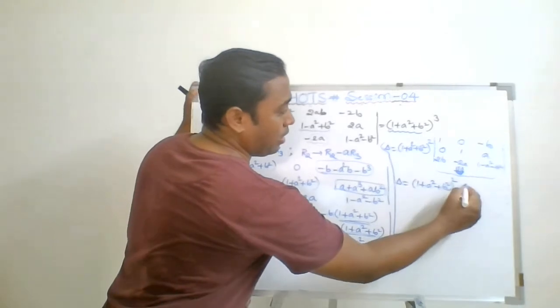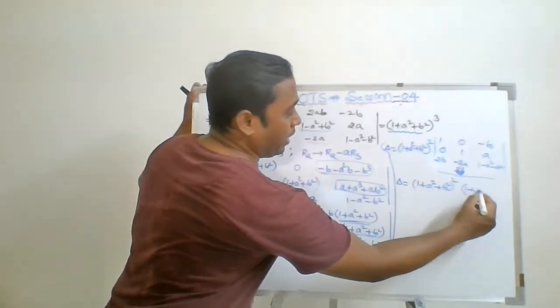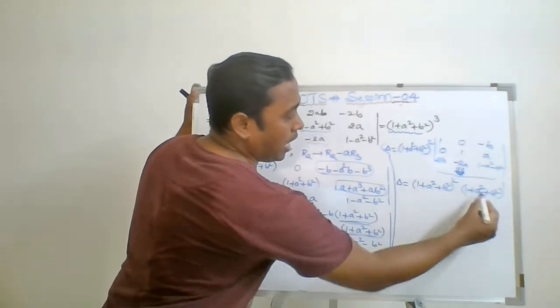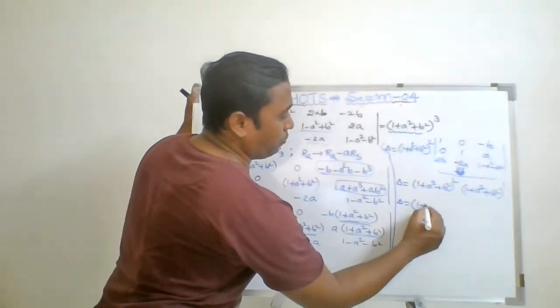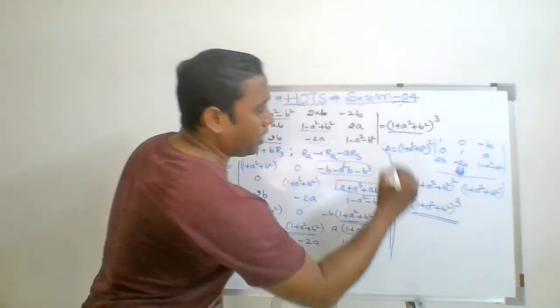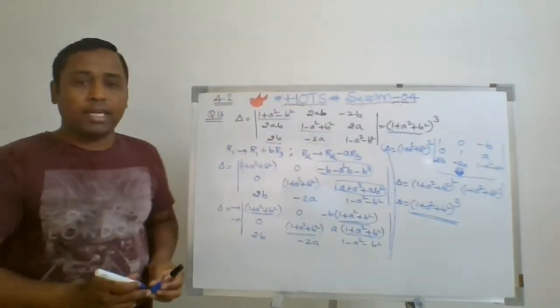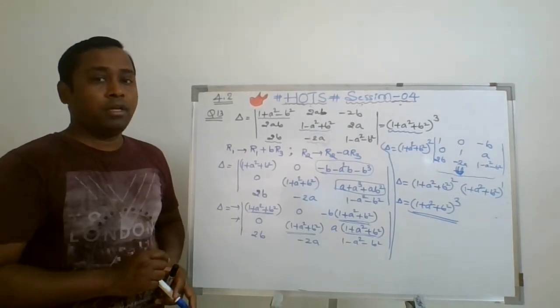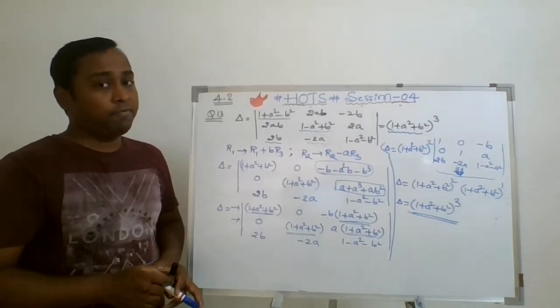If you simplify, you will get 1 plus a square plus b square. Then powers are added, and the final answer would be 1 plus a square plus b square whole cube. Answer over. It's so simple if you take the beginning step very thoroughly and very clearly.